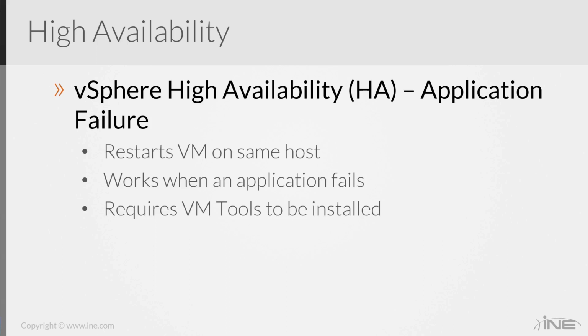And when that application fails, that VM is restarted on that ESXi host. Okay, so for this to work, we would need a third-party application monitoring agent that is built to work with the VM application monitoring feature.